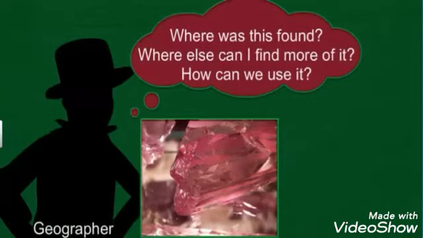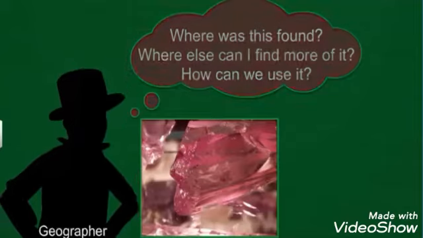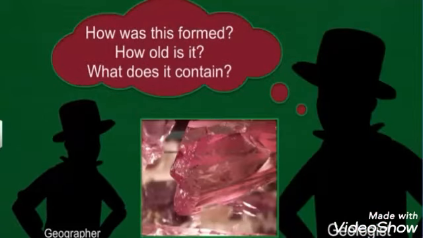Minerals are of interest to both geographers and geologists. While a geographer is concerned about the distribution and economic importance of a mineral, a geologist is more interested in the formation, age, and composition of minerals.